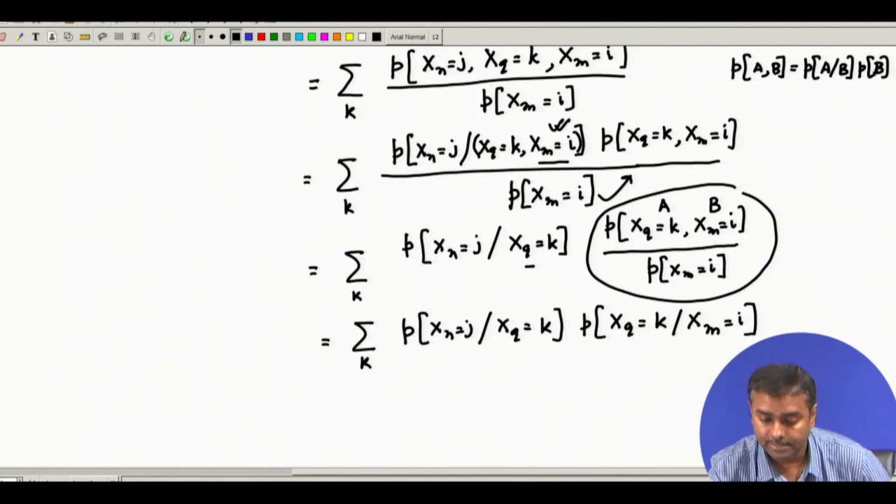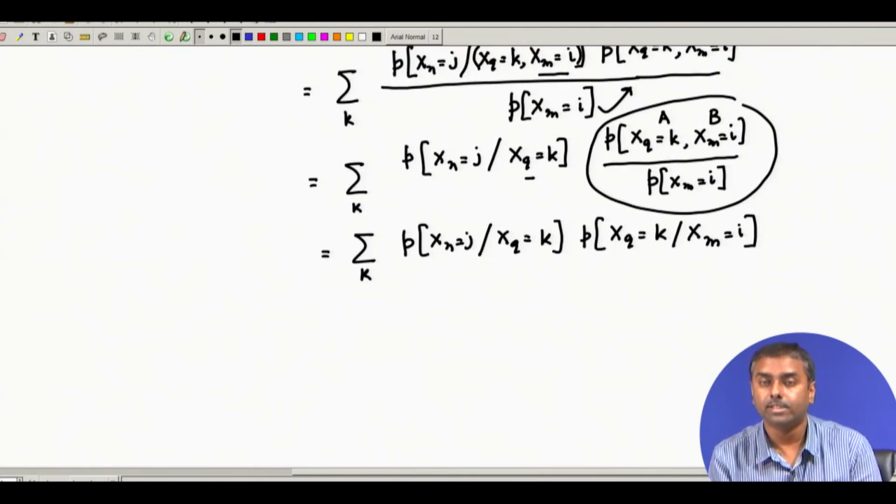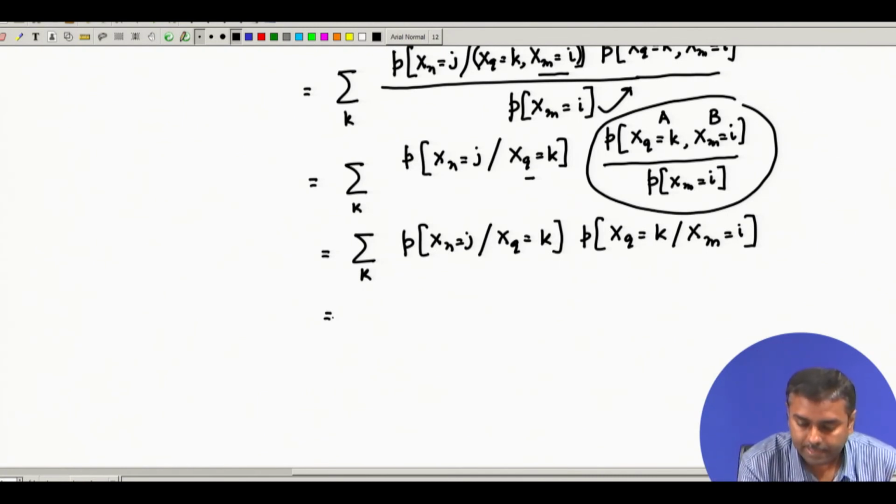Now, let us try to see what the consequence is. Can you identify this term now and this term?